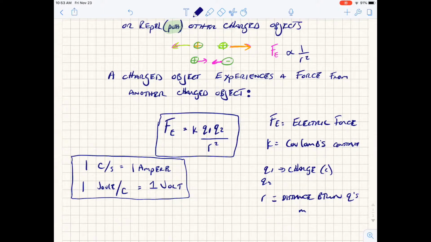Let's take a look at this k, because it's kind of interesting. We know the big G of gravitation is an extremely tiny number, 6.67 times 10 to the negative 11, tiny. And we know that if we were to drop a ball and let the force of gravity act on that ball, if we drop it 5 meters, it will take roughly 1 second to travel that distance.